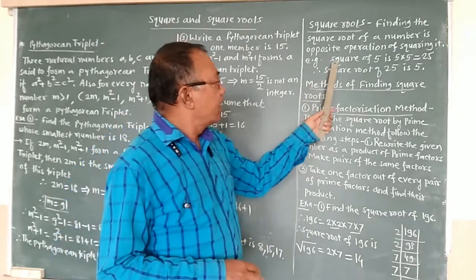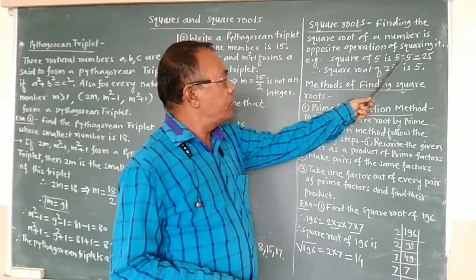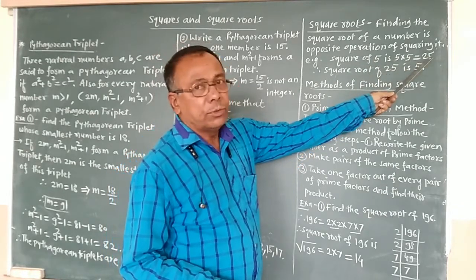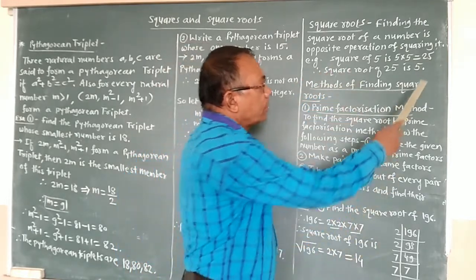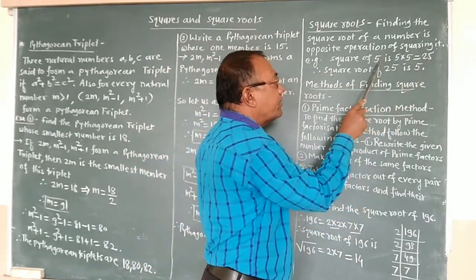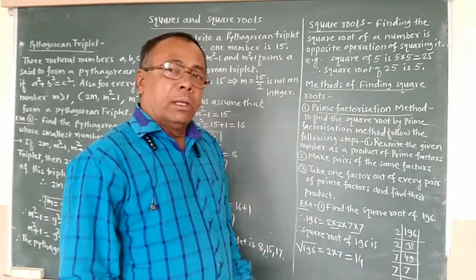For example, the square of 5 is 5 into 5, which is equal to 25, and therefore the square root of 25 is 5.